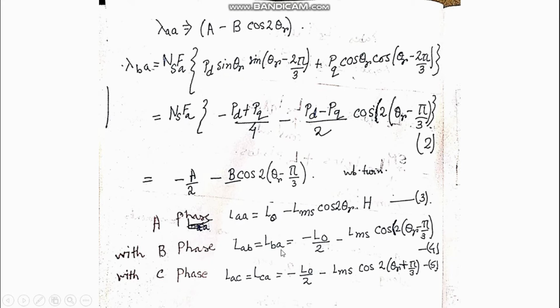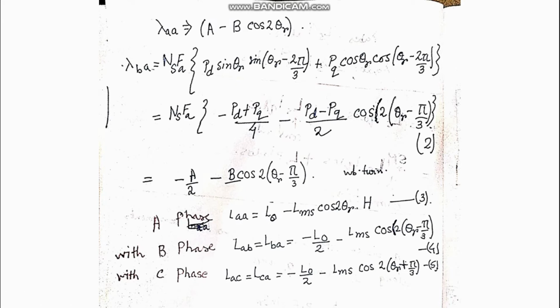Then LAB is equal to LBA. I will come to the AB part later, sorry, the BA part is due to your A phase current, mutual inductance on B phase, and so you are going to divide this minus A by 2 by the same A phase current. That is how you are going to get here minus L0 by 2, and this remains the same, minus LMS. One more thing, here we are assuming that the machine is symmetrical.